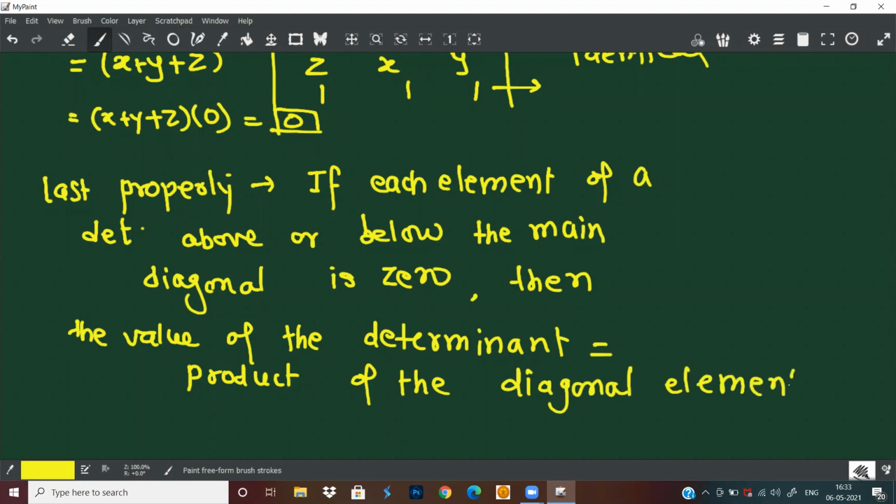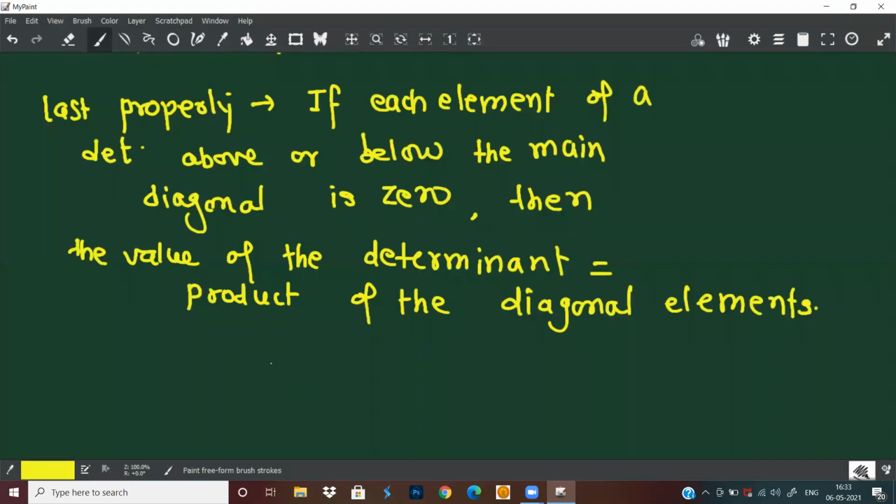This was the last property. See, like suppose if I have a determinant like this.